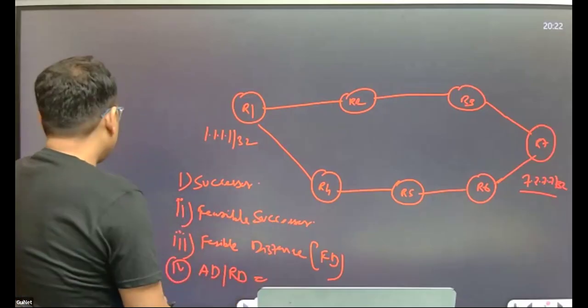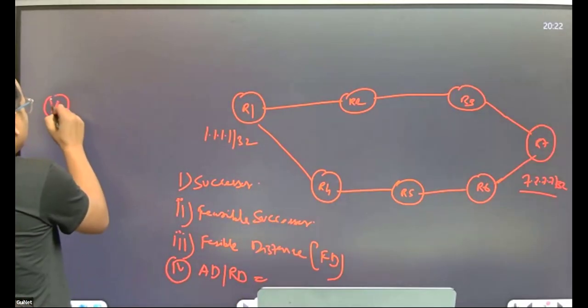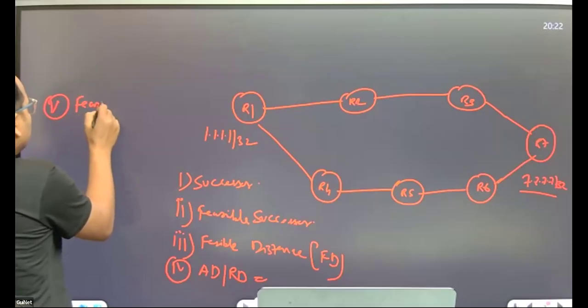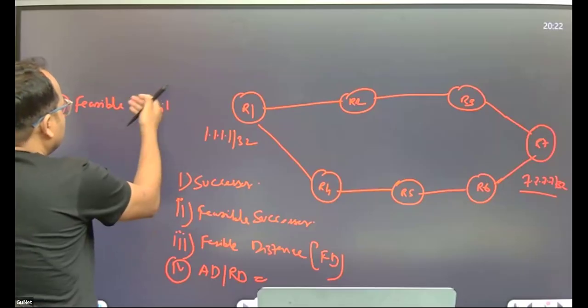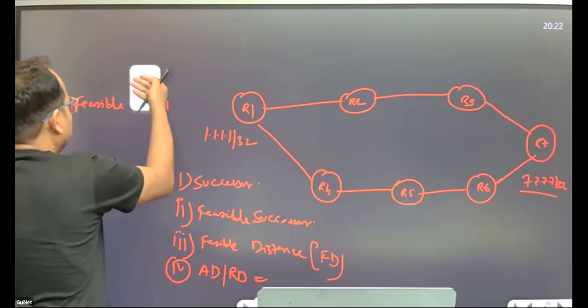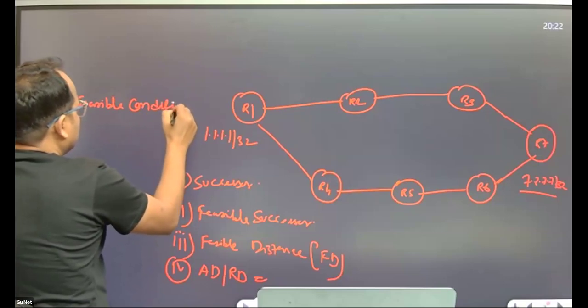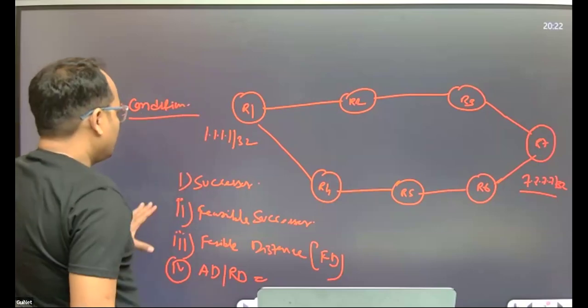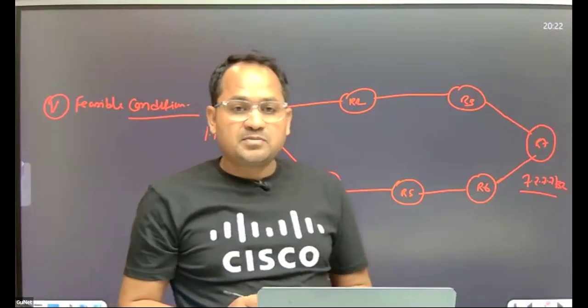And one more term they use is going to be the feasible condition. Okay. So what is a successor? What is a feasible successor? What is my feasible distance?